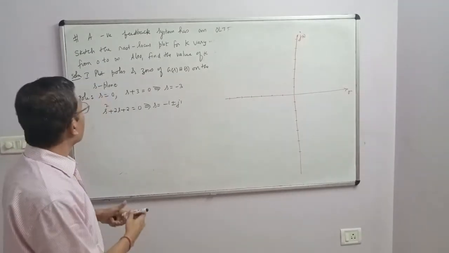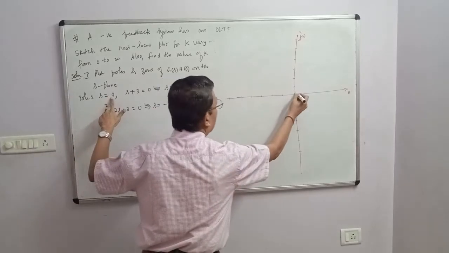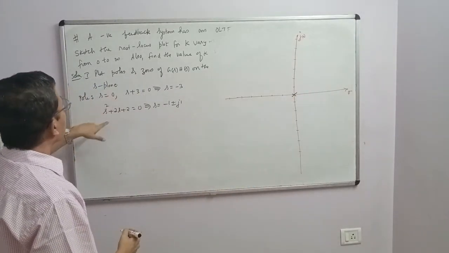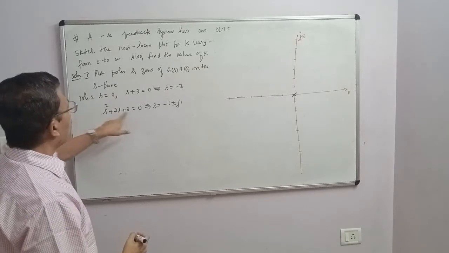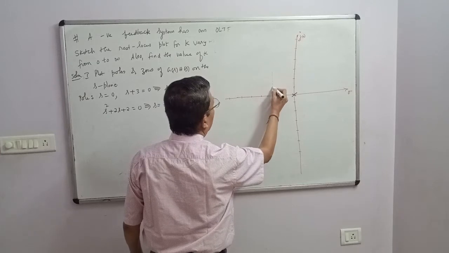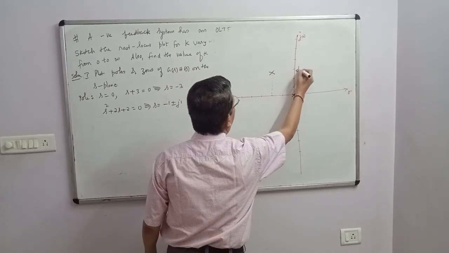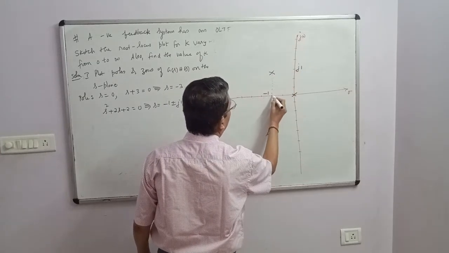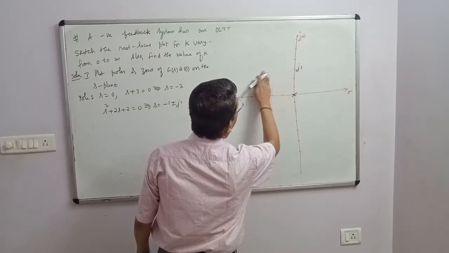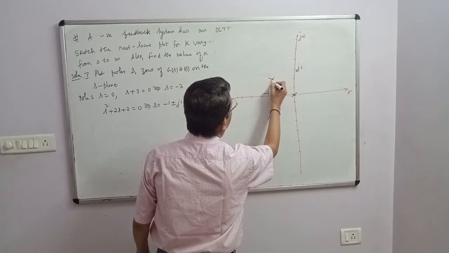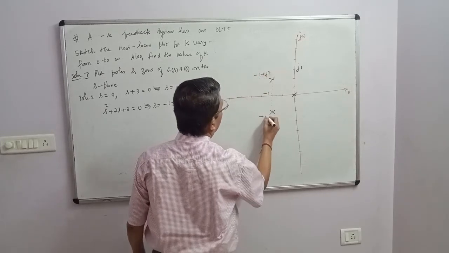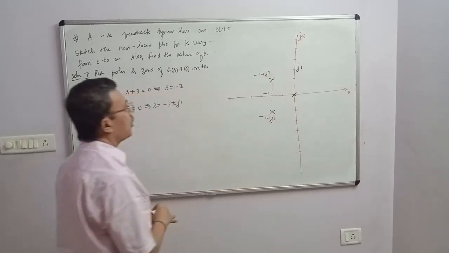That means pole is at the origin. We have got two complex poles. So real part is minus 1, imaginary part is j1. This pole is minus 1 plus j1. This pole is minus 1 minus j1.